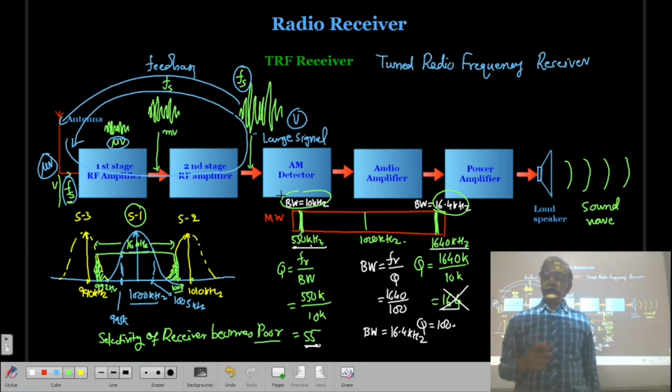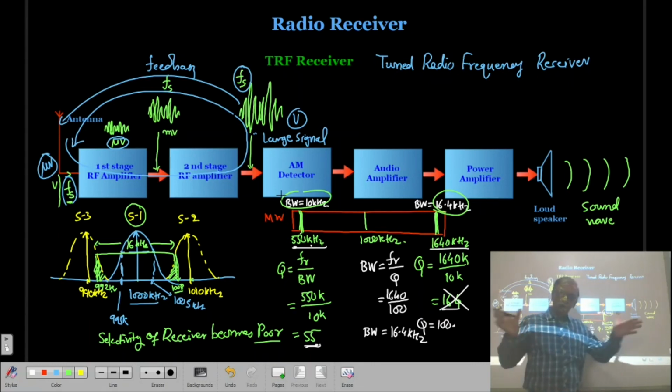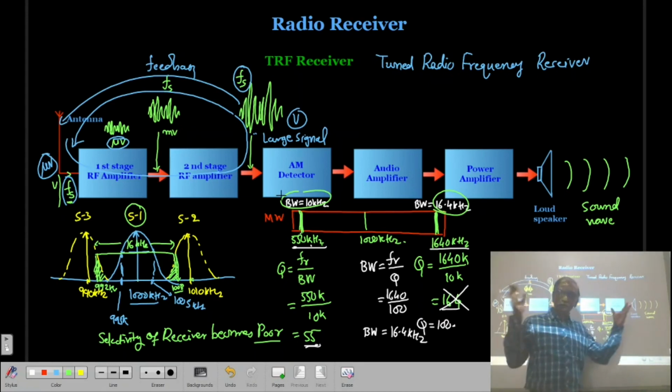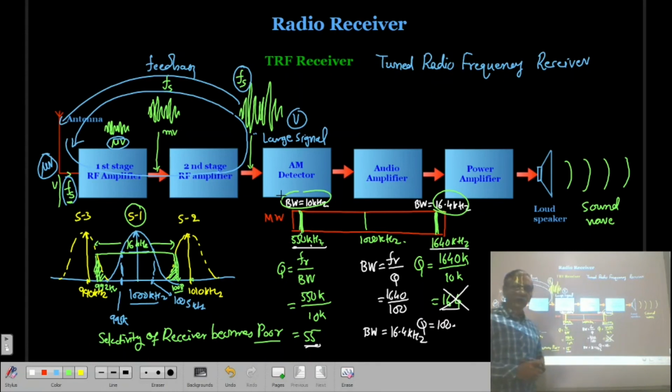So in that case the selectivity becomes very, very poor. You receive a number of stations when you tune to the short wave band, because the bandwidth will be more than 16 kilohertz. It becomes 20 kilohertz or 30 kilohertz, a very large bandwidth. So the number of stations you receive at a time increases. So this is a disadvantage of a TRF receiver, and that's why it is not so popular.